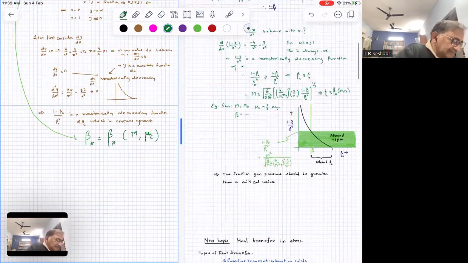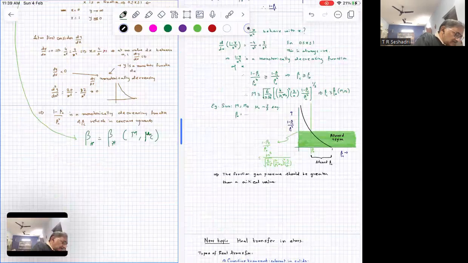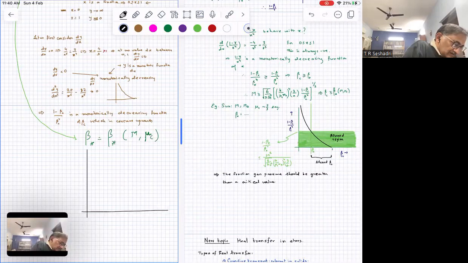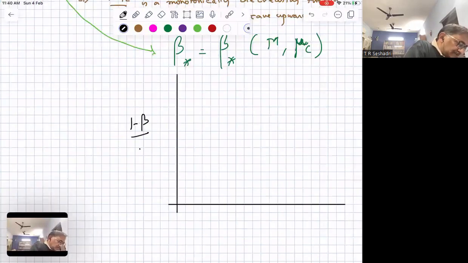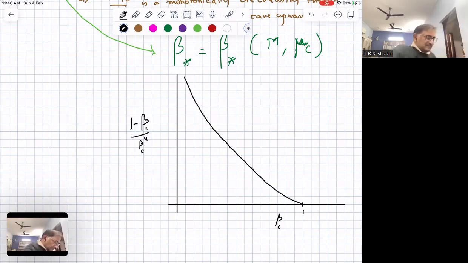And now what I will do is draw this graph of (1 minus beta c) by beta c to the power 4 versus beta c, and say this is 1. So the graph was something like this.